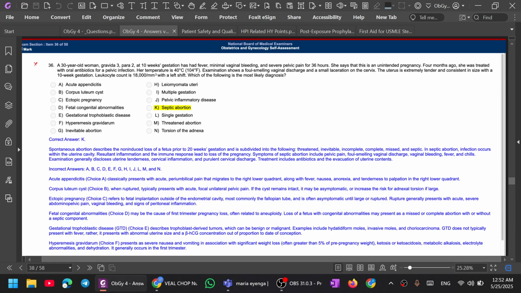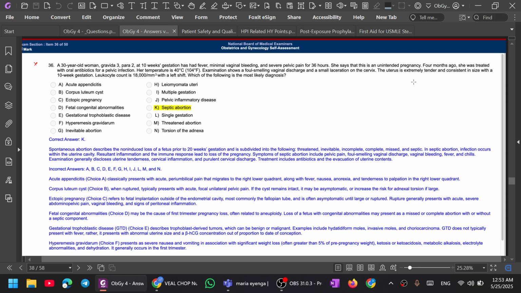The uterus is extremely tender, consistent with the size of 10 weeks of gestation. So the uterus still has the presence of products of conception.